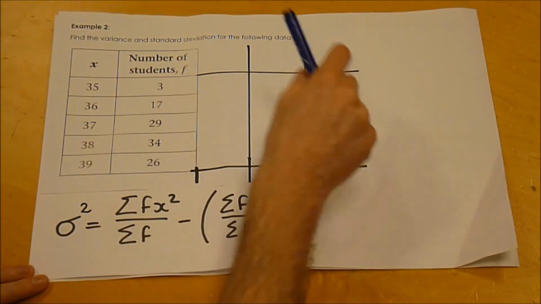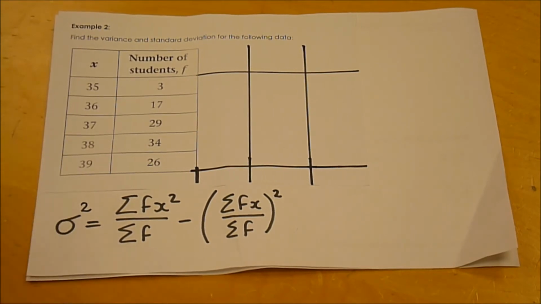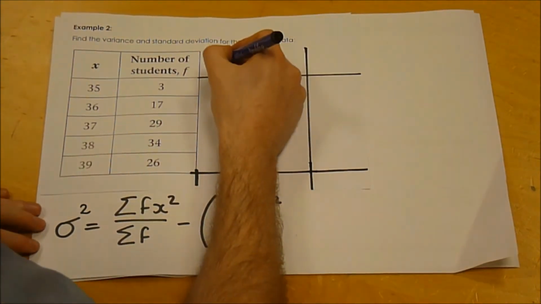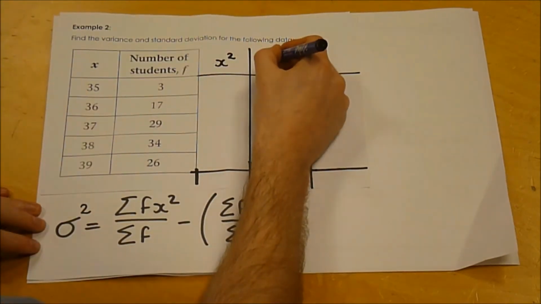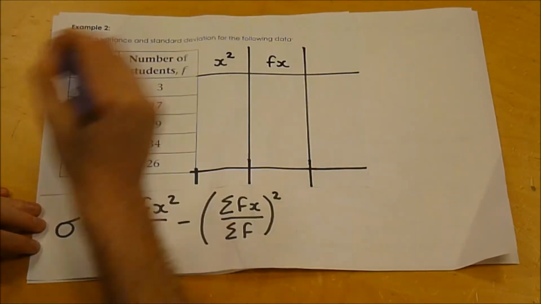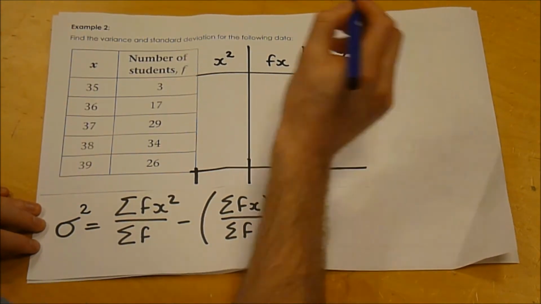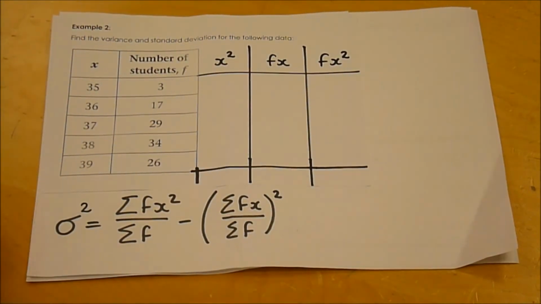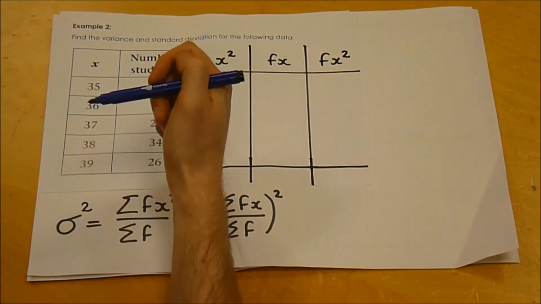So you can see that I've added 3 extra columns. That's what you should do on your sheet as well. The first one I'm going to label x squared. The next one is going to be f times x, and the last one is going to be f times x squared. So, first step, let's square x.